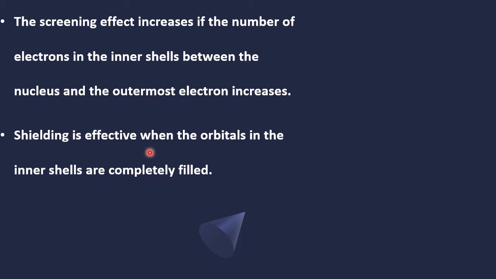So the nucleus has little hold. That's why the ionization enthalpy of sodium is less. Not only sodium, this reason is applicable for all the alkali metals, because all the alkali metals have the same pattern: before the outermost electron, they have a completely filled electronic configuration. So they protect very much.